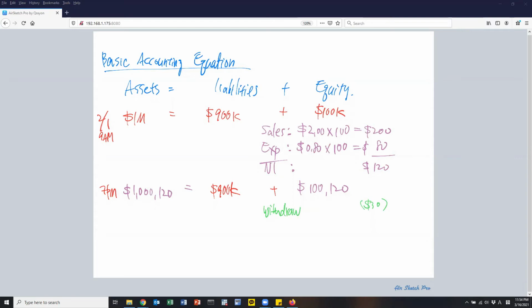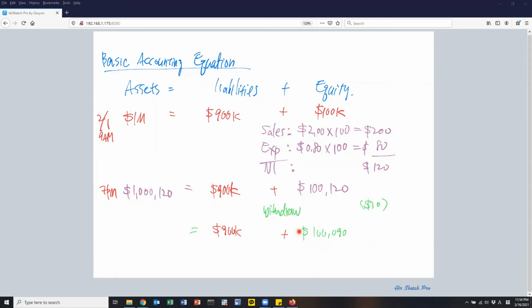Revised ending balance? We can say that now the equity has been shrunken by $30. Again, 120 minus 30 is 90 bucks, right? As a result, I subtract 30 from 100,120, which is $100,090. There is no change in my liability. Then, how much is my total asset?